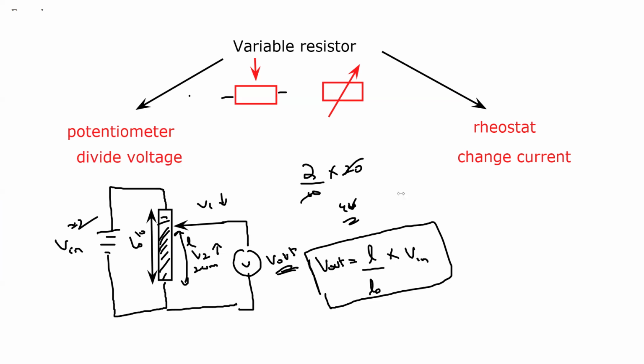So using a potentiometer, we can increase or decrease the voltage across a component.